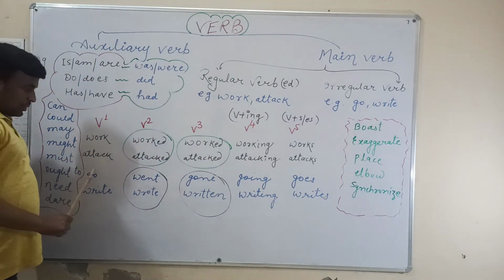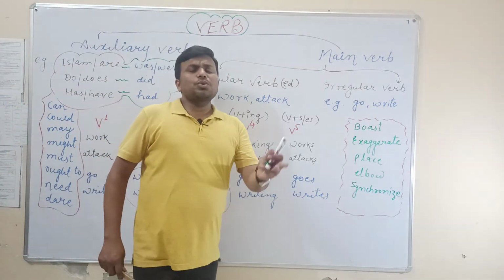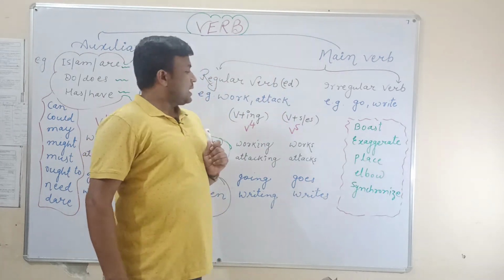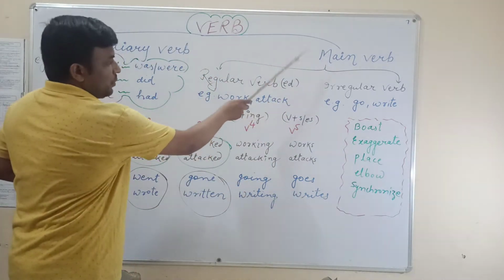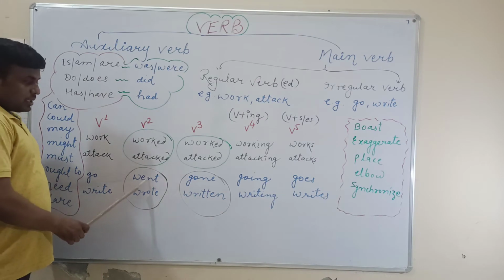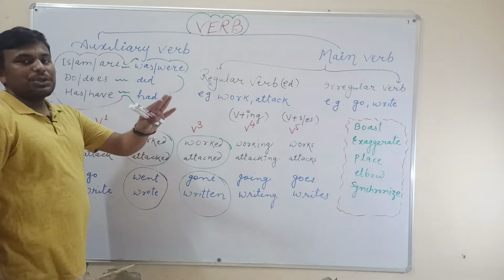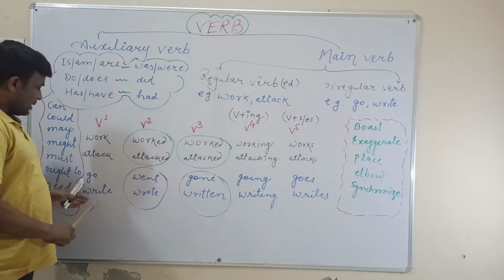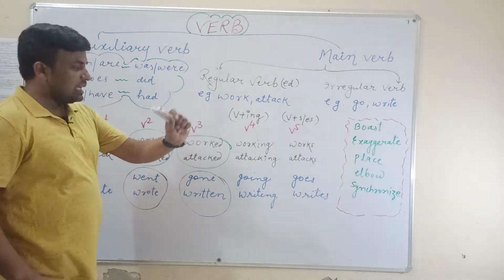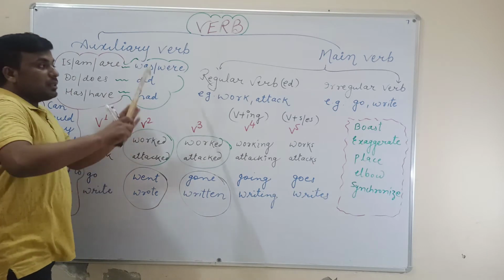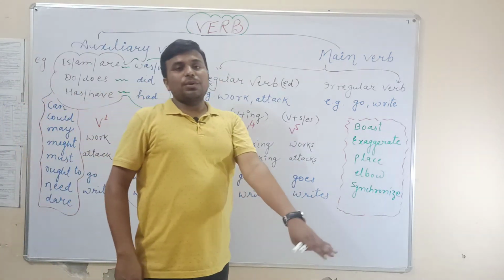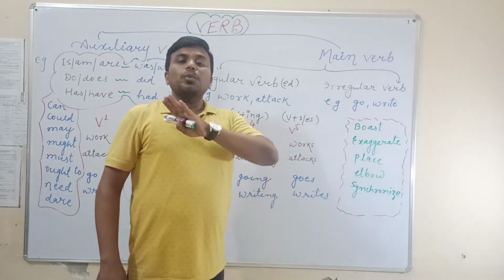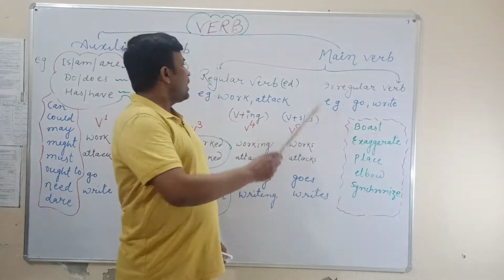You simply need to remember only 200 or 250 verbs, strong verbs, where you need to learn second and third form, like drink, drank, drunk, right? See, saw, seen.